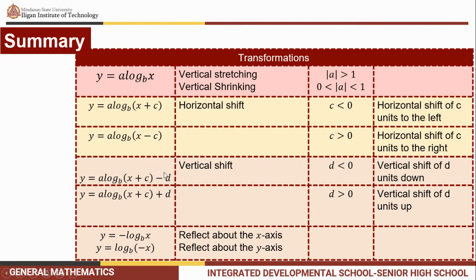Kapag minus d, there would be vertical shift of d units down. Kapag dito naman nagiging plus d, you'll have vertical shift of d units up. Pero kapag meron kang form na y equals negative log with base b of x, it reflects about the x-axis. Kapag meron ka namang form na y equals log with base b of negative x, it reflects about the y-axis.